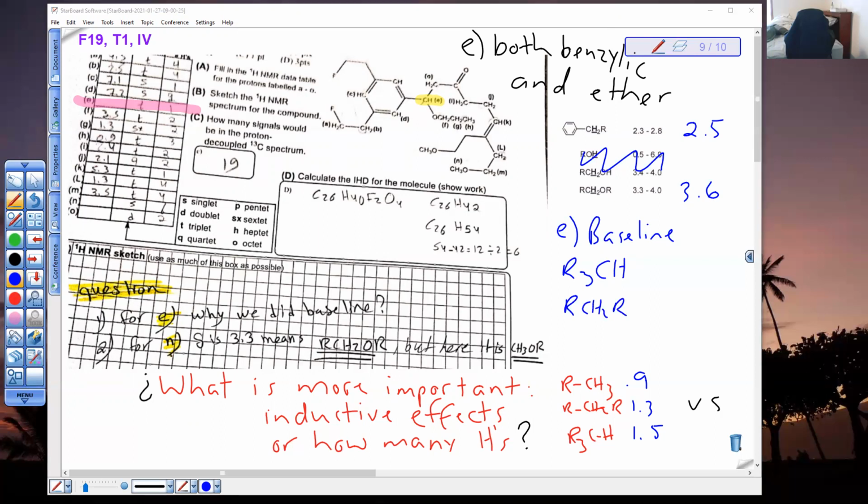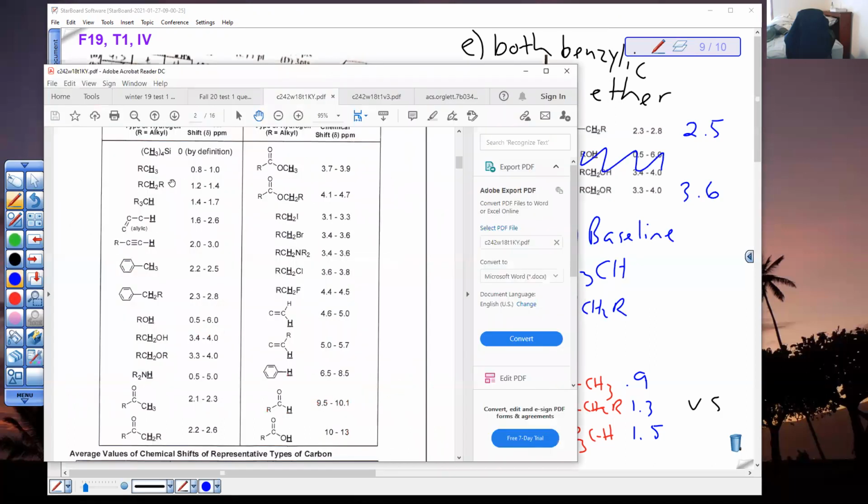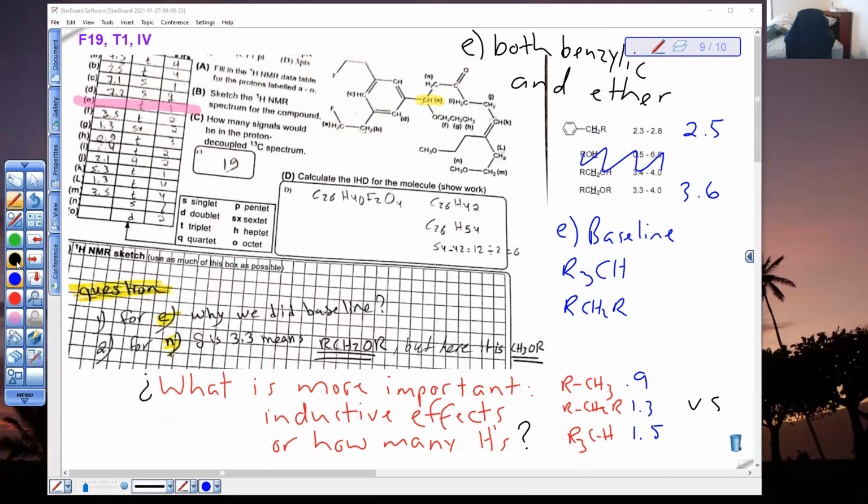I'm going to bring back the chart. 1.2 to 1.4 for one of the baselines, 1.4 to 1.6. I'd make this 1.3, this 1.5. Does it really change my answer that much? Doesn't really matter if you choose the exact right baseline. In fact, why don't I use an average of the baselines?